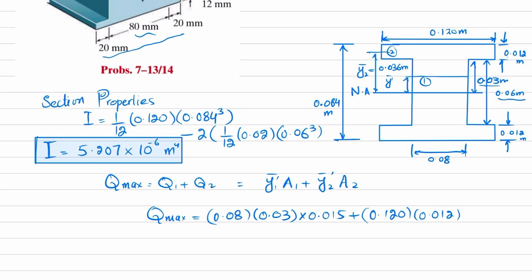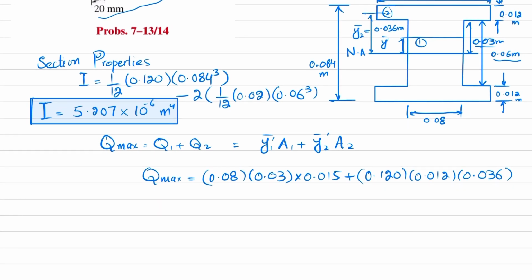I will show you. If you take the half, this half will be equal to 0.012 divided by 2, plus this. Sorry, not 0.06. This is 0.03 plus half of this one, which is 0.006 meter. So it will give you 0.036 meter.